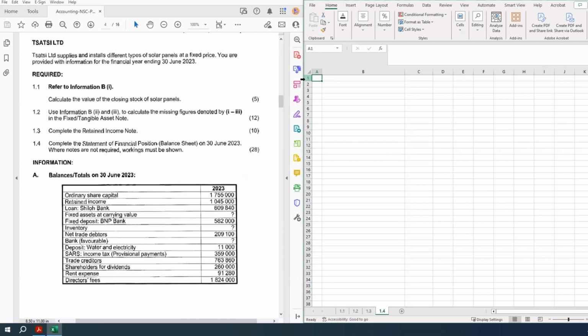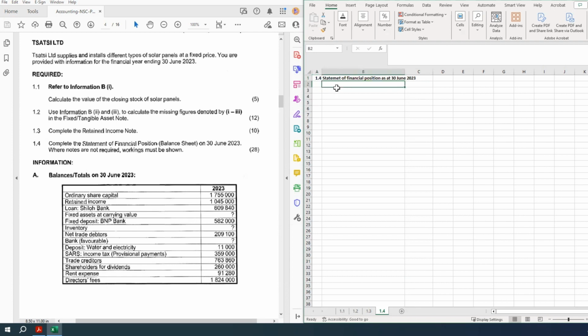Where notes are not required, workings must be shown. All right. So 1.4. Statement of financial position. And we need to just indicate that this is as at 30th of June 2023.